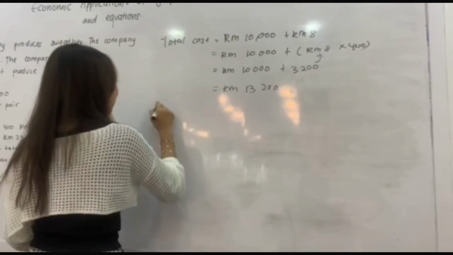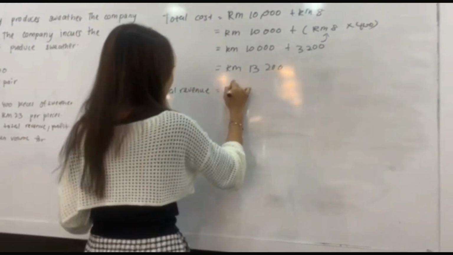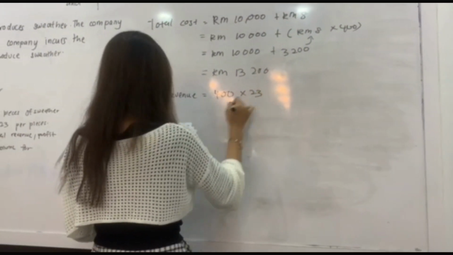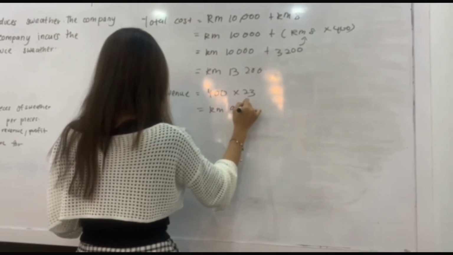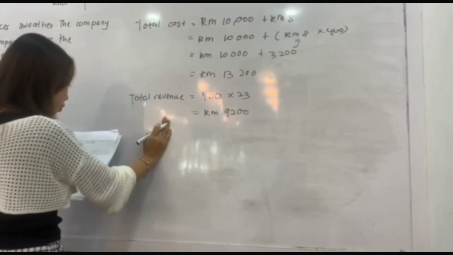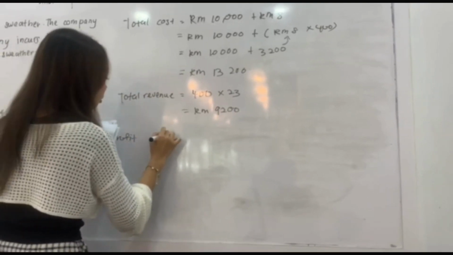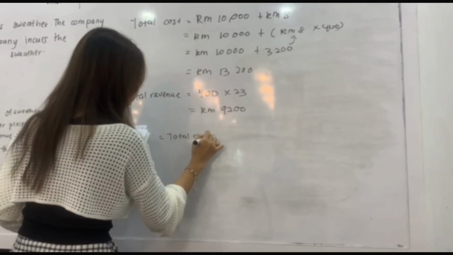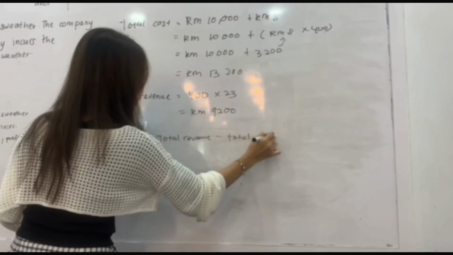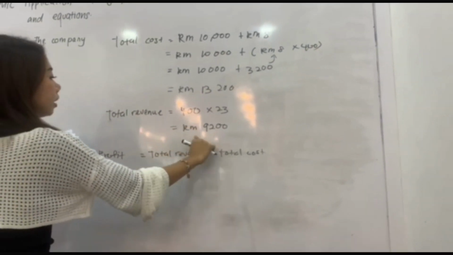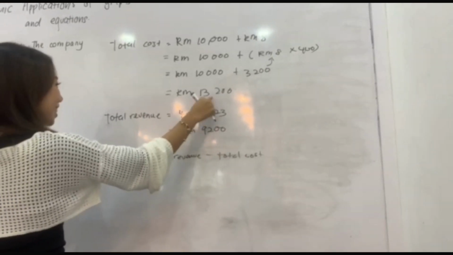So for the total revenue, 400 times 23 equals RM 9,200. So that's for the total revenue. So for profit, total revenue minus total cost, which is total revenue is RM 9,200 and total cost is RM 13,200.